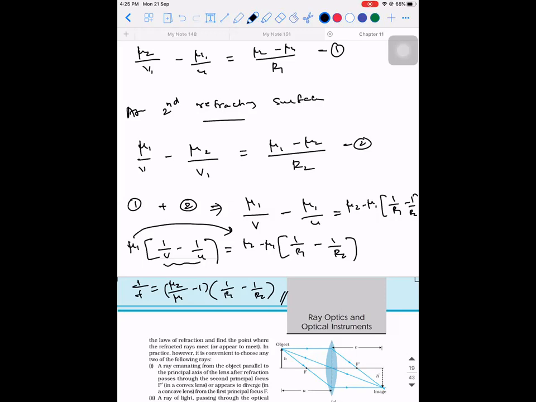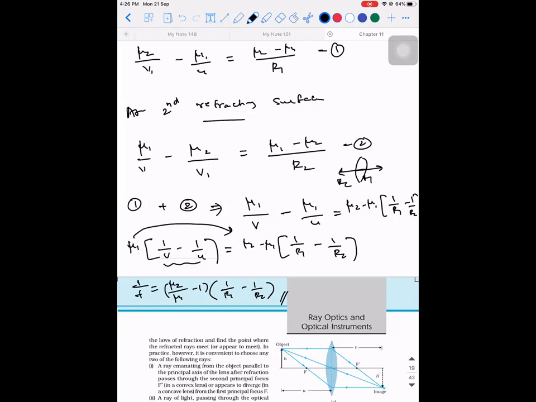1 by R1. R1 is on the right hand side with respect to convex. And R2 will be on the left hand side. So remember it like this. Sir, I have a doubt. Yeah, tell me. Sir, how is it 1 by R1 minus 1 by R2? Because the first expression, what is in the numerator?